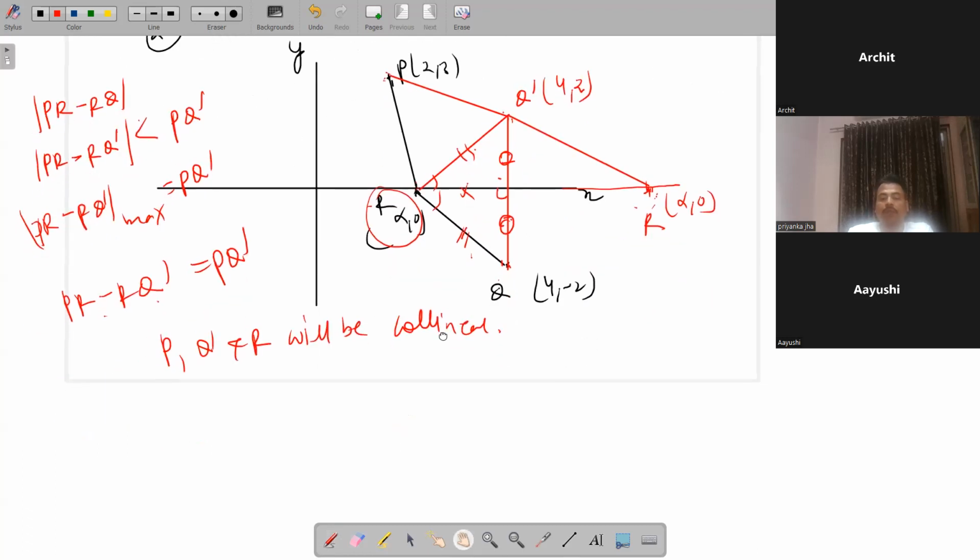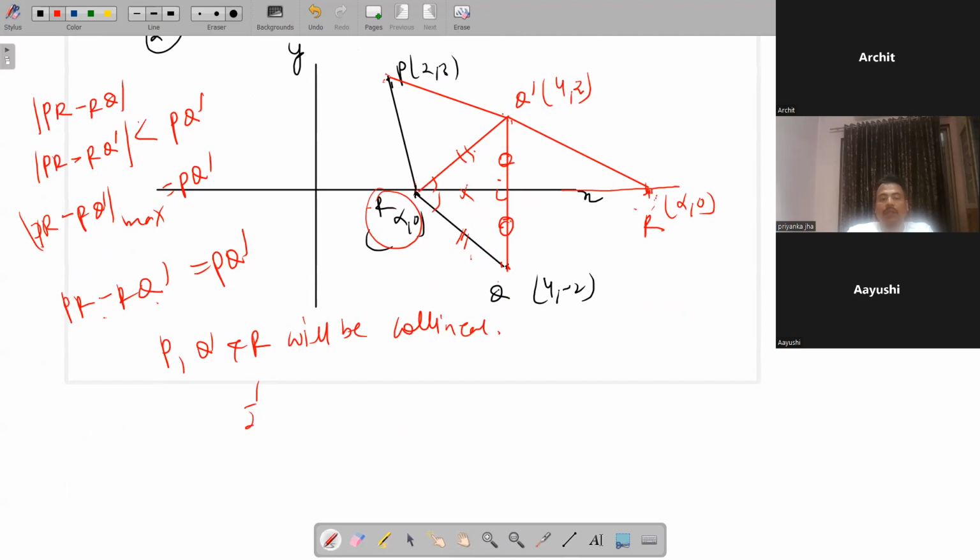Again, we have to apply the same thing. So the area of the triangle formed by P, Q dash and R will be 0. So that is the determinant 2, 3, 4, 2, alpha, 0, 2, 3 equal to 0.